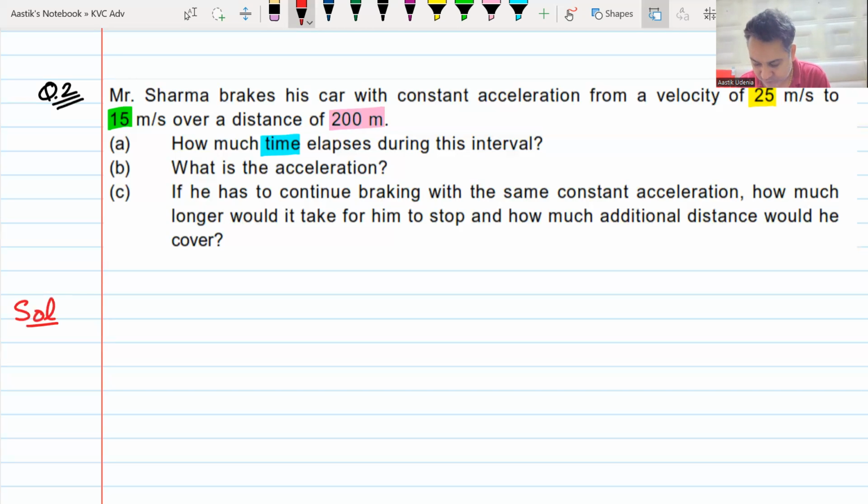Solution. Tell me, hint, which equation should I use? Chandrika, Kaushik, Shreet, Anjali. Which equation should I use?